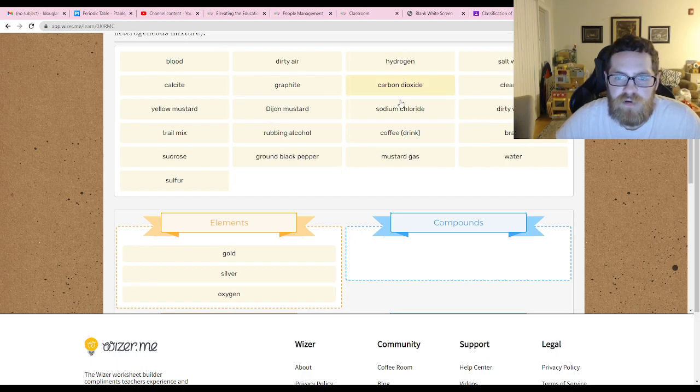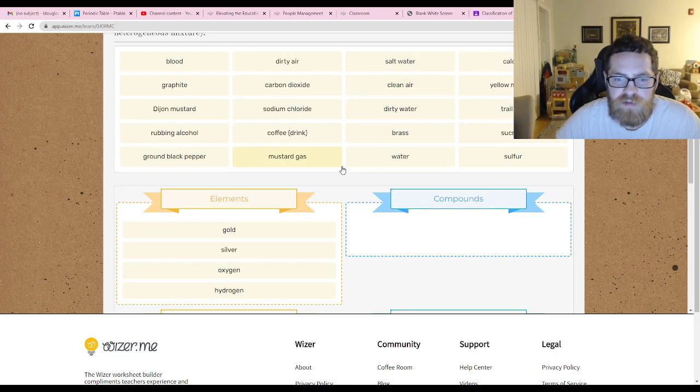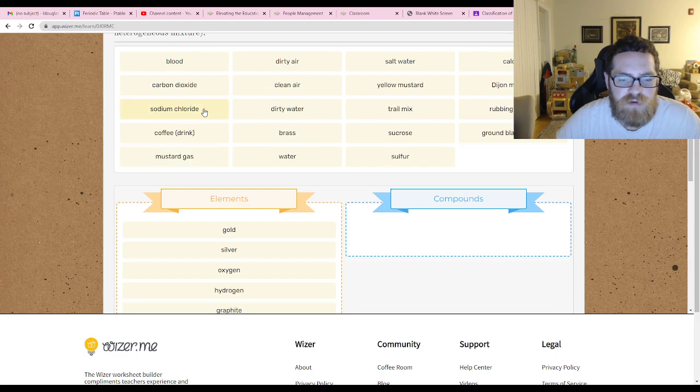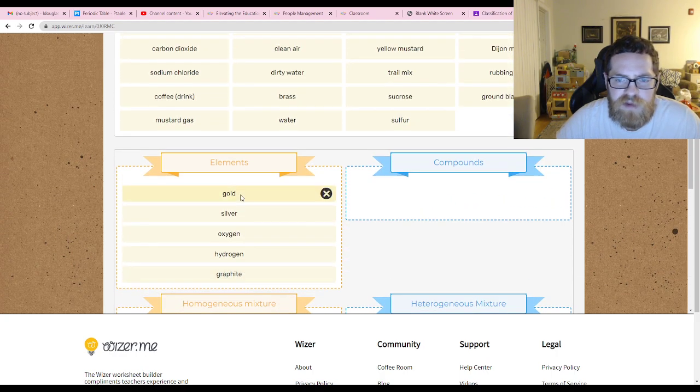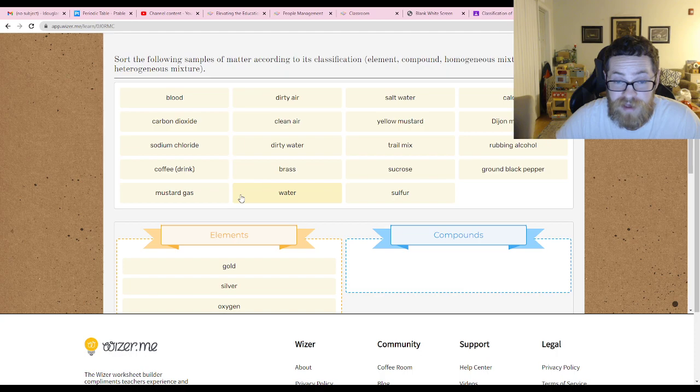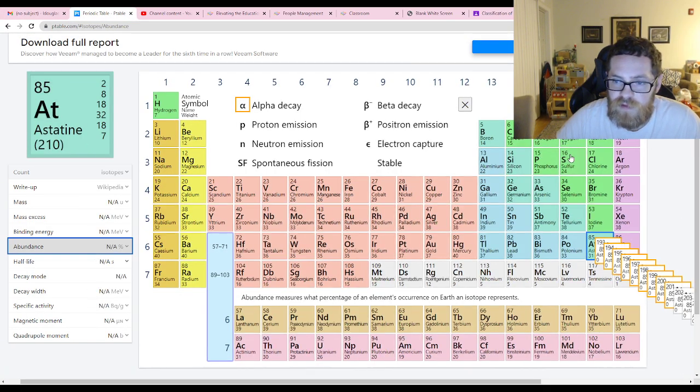Right, we have oxygen is an element. So is hydrogen. Then we look through, and actually graphite is actually a pure element. That was a bit of a hard one. Graphite is made of pure carbon. I know I mentioned that a few times in class, but you would have had to remember that one. Sulfur is also an element, right? It's right here on the periodic table.